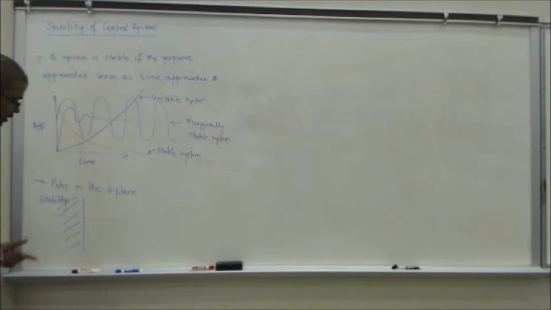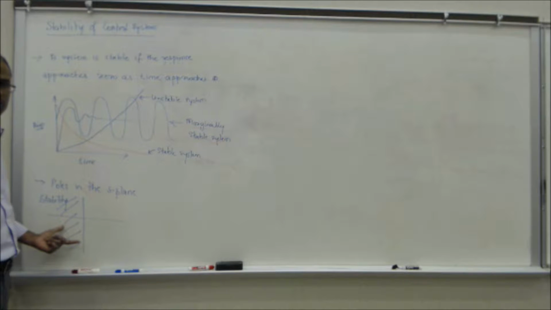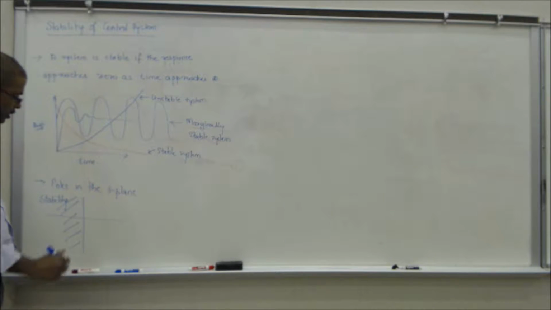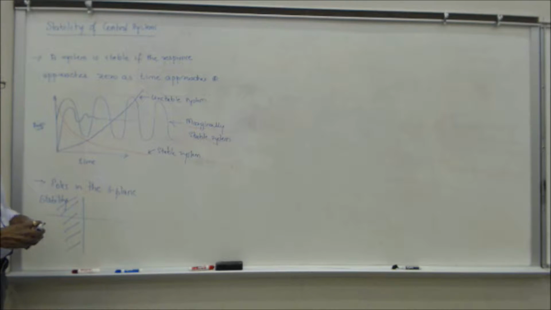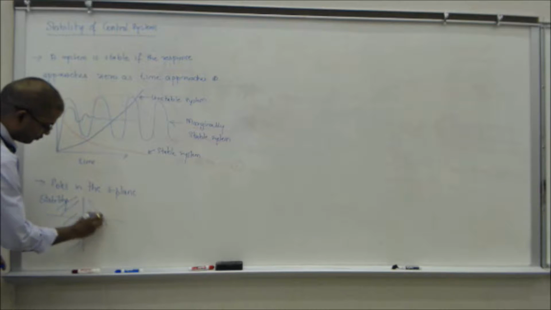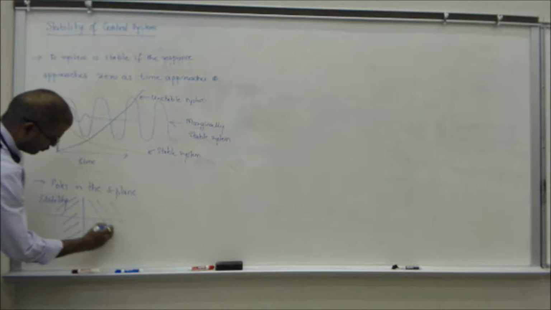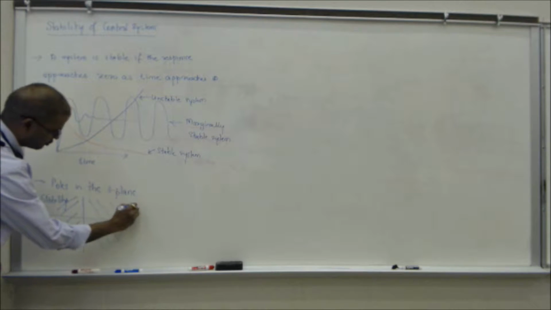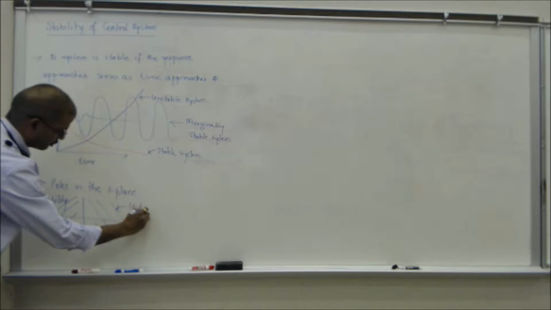Any poles in the left half plane means the system is stable. Any poles on the imaginary axis means the system is marginally stable. And this area corresponds to unstable systems.